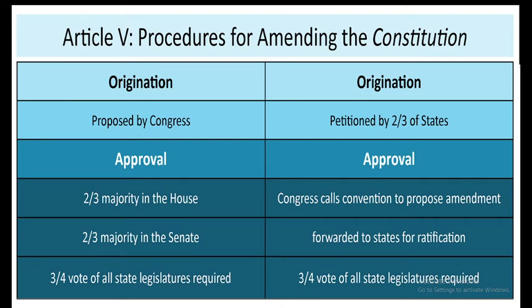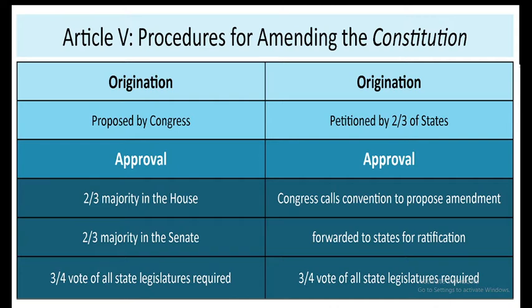In the right column here, we also see another method of amending the Constitution. Here in this case, a petition can be made by 2/3 of the states. Once a petition or a proposal for amending the Constitution comes from the states, it should be sent to the Congress. The Congress has to pass it by a 2/3 majority, and again it should be sent back to the states for ratification.